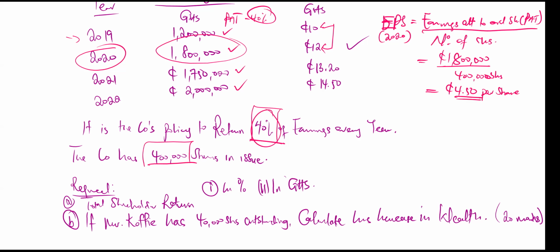Now, they said 40% is retained earnings, which means 60% is dividends. So our dividend per share for that year will be 60% of 4.5.